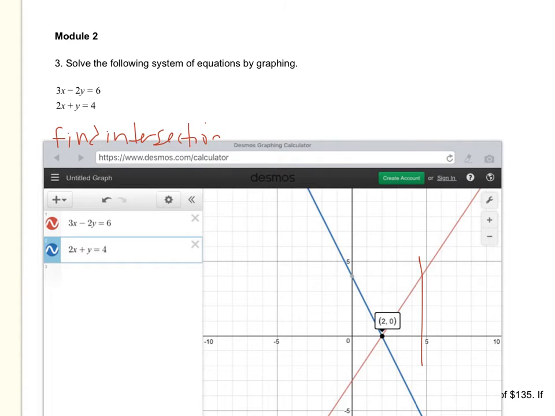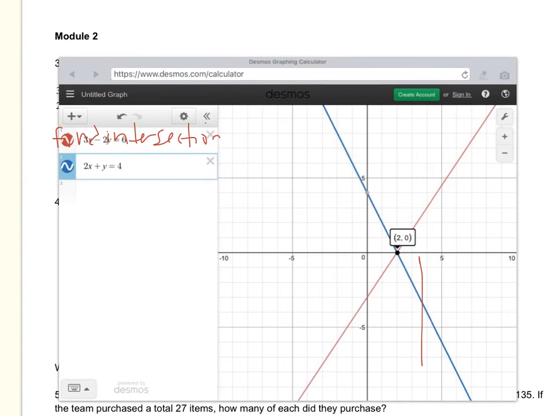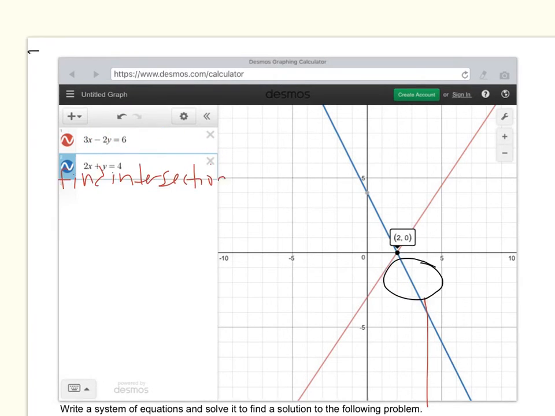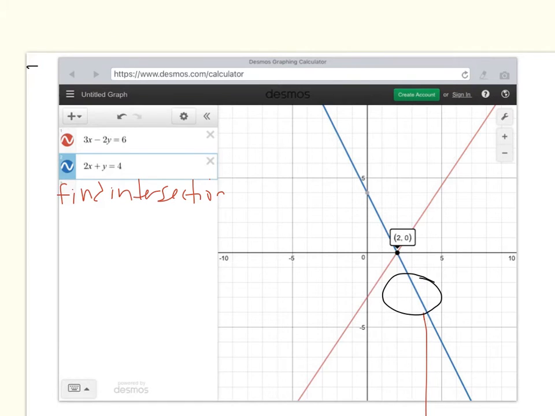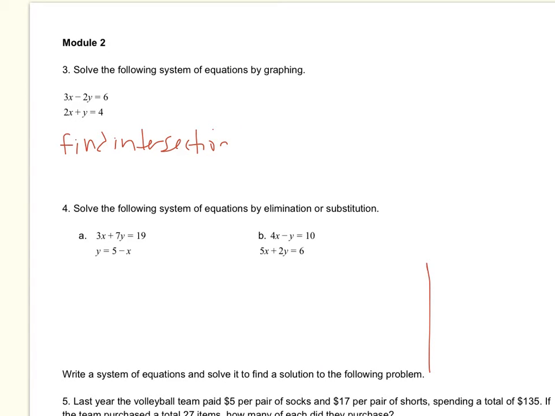So you can see that here, and you can see their intersection is at 2, 0. So really simple. You just graph them both. You can see how I put the equations in. And then I just found their intersection. So based on our graph, we would say the intersection of these is 2 and 0.